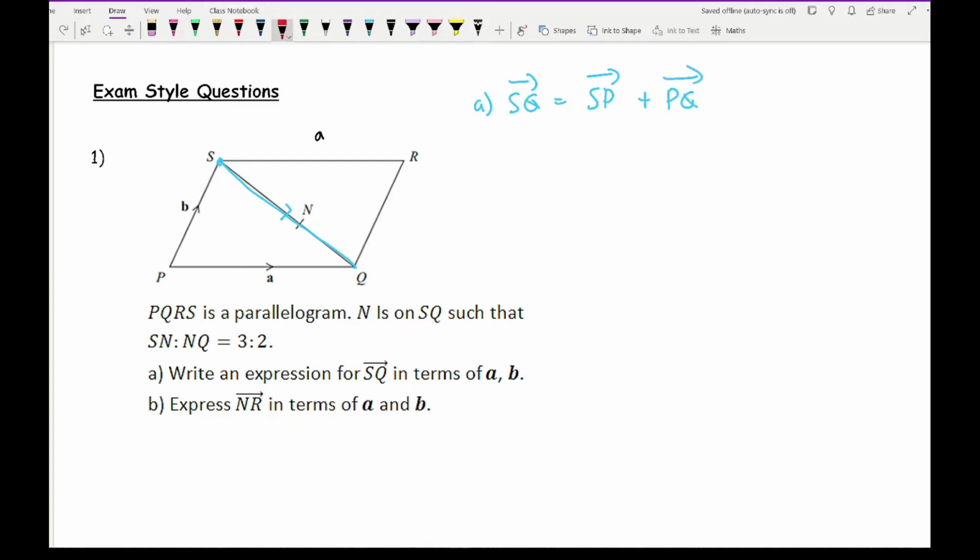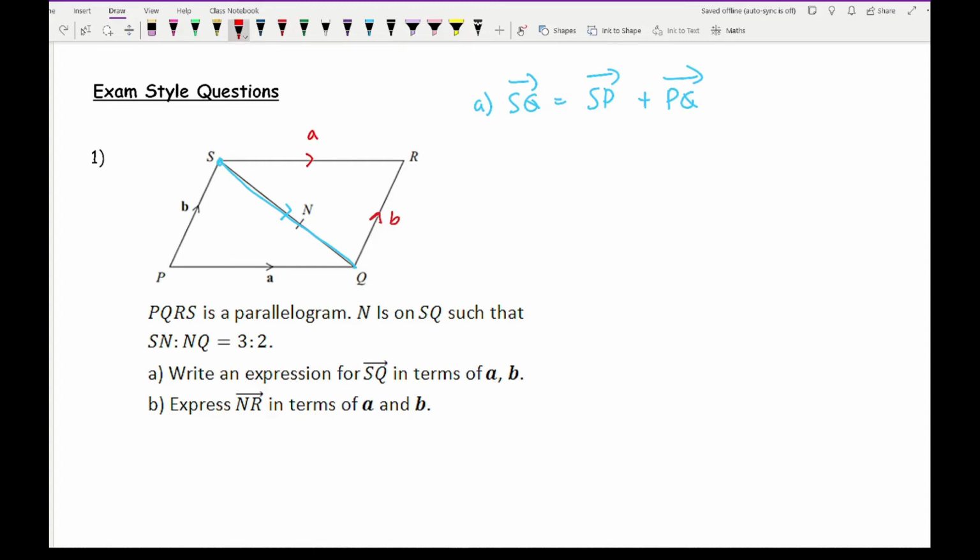The fact that it's a parallelogram means that opposite sides are the same length, same angle. So if PS is going to be b, then QR is also going to be b. And if PQ is a, then SR is also going to be a. So that's just me labeling the sides.